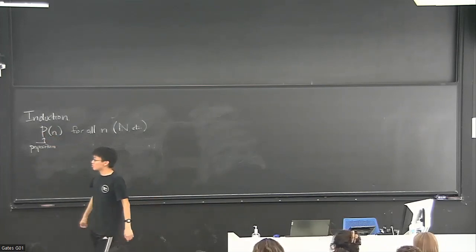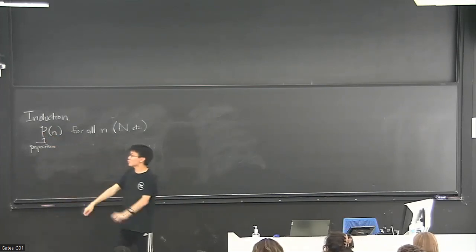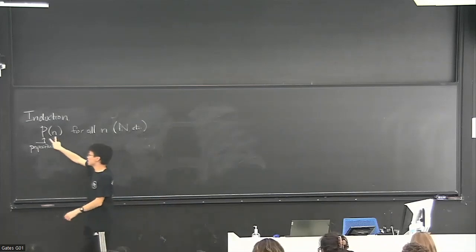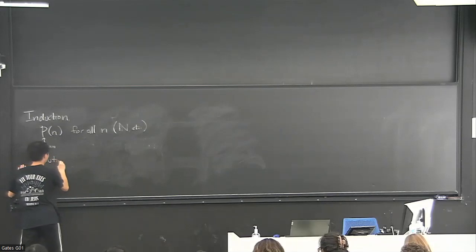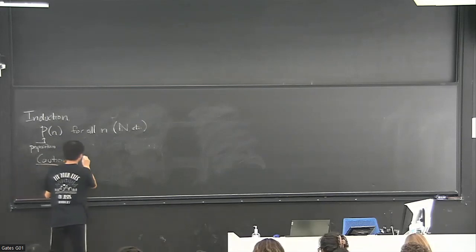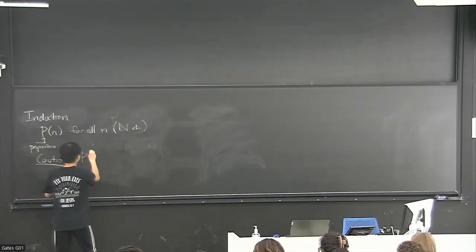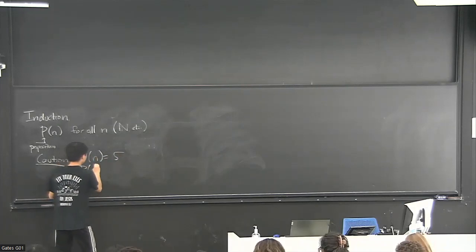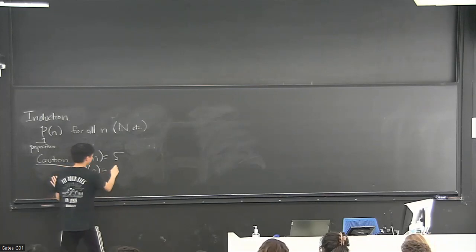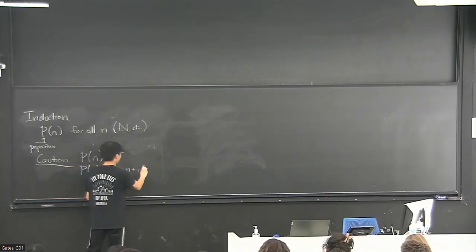This is why it's very important that when you are dealing with something like P of n, you do not write something like P of n equals 5, or P of n equals 1 plus n squared.